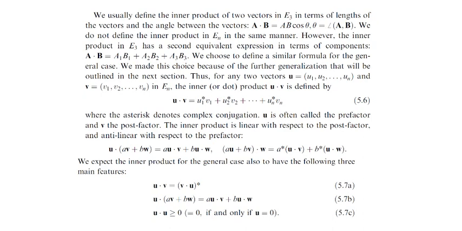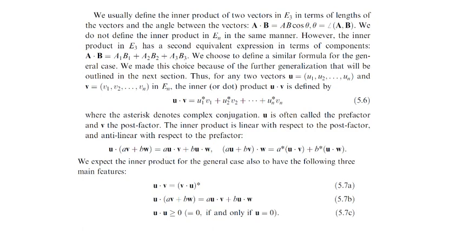So you see that there are scalars associated with the post factors involved in the inner product, and this would be written like this: a times u dot v plus b times u dot w.